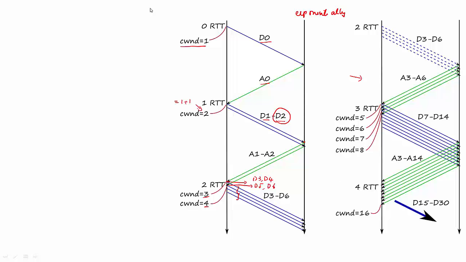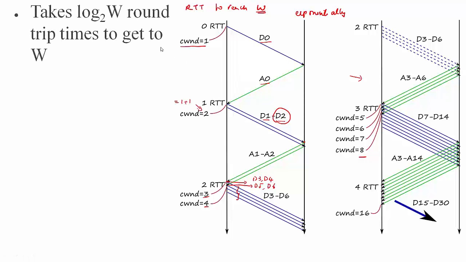So tell me, how many round trip times will it take to reach a window of size W? As you can see, every round trip time you are doubling the congestion window. It started out with 1, it became 2, here it became 4, here it became 8, and so on. So it takes log 2W round trip times to get to W.